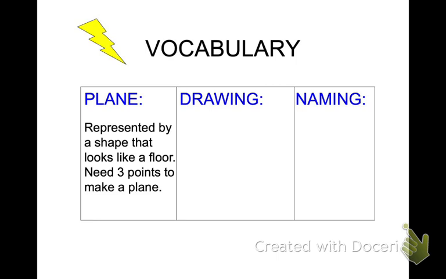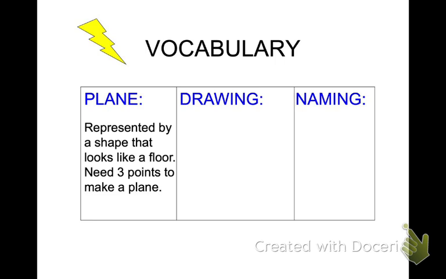If I add in a 4th point, a little bit easier, with 5, right? So you need a minimum of 3 points to make a plane. You can't do it with just 2. Reason being, a plane goes this way, but it also goes this way if I look at the ceiling. Okay, a line only goes this way. So you need that 3rd point to get your second direction in.